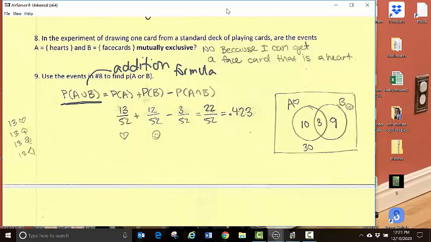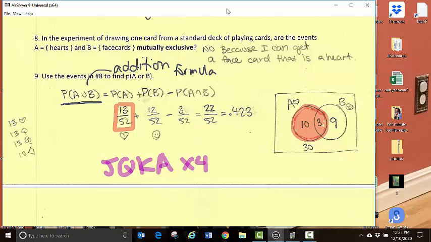Boring, but it's there. Okay, so probability of a heart is 13 out of 52, right? There are 13 hearts. The probability of a face card, there are 12 face cards. A face card being Jack, Queen, King, and there are 4 suits.